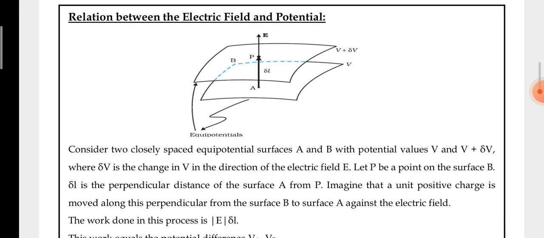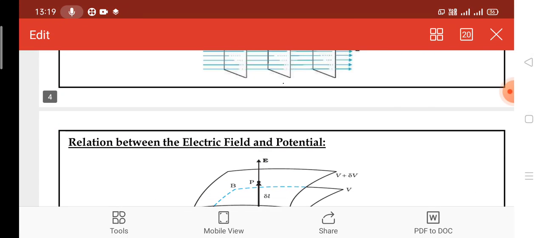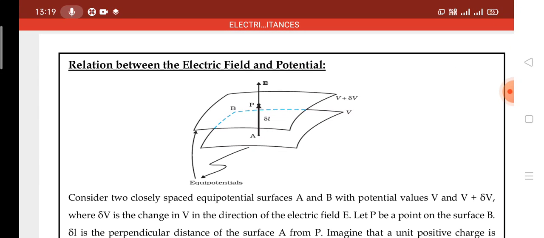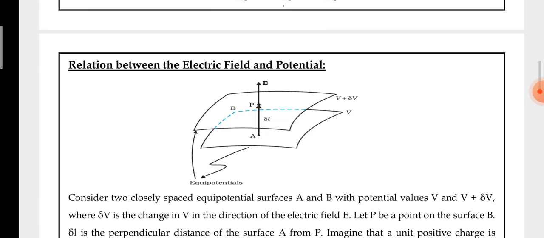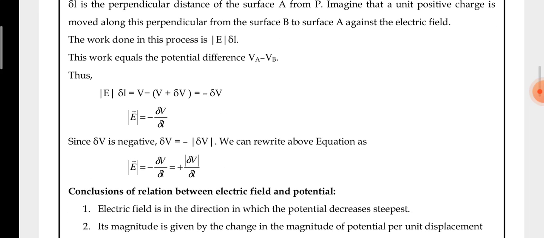Now you come to this point. If you want to move a unit positive charge from point A to point B through a small distance delta L, then the work done is equal to the potential difference.